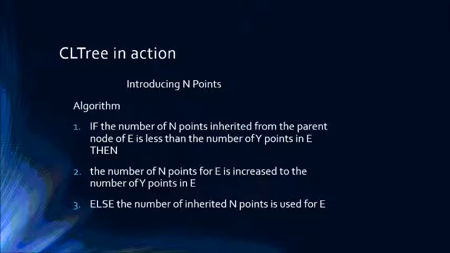Now, the modification done by the authors to the decision tree construction has 3 parts. They introduced endpoints in the data region. In the given data set, uniformly distributed non-existing endpoints are added. These are not physical points, but just imaginary points that are added to the data set. The number of endpoints added can be determined by the endpoints added algorithm shown here, where it is basically the same as the number of y points in the beginning.